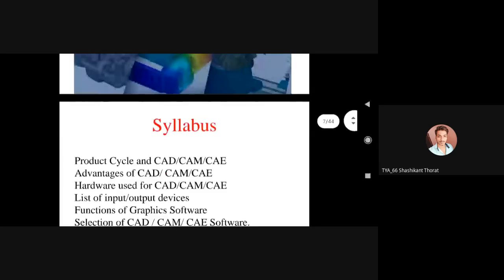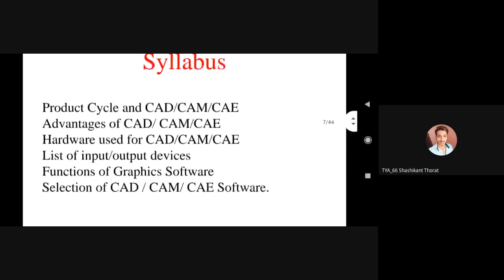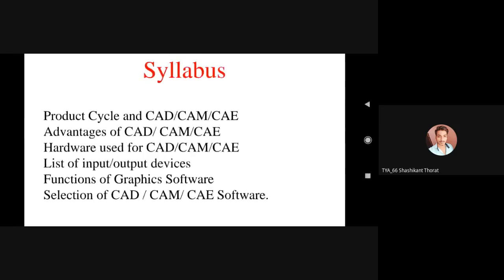Now the syllabus of the first chapter: product cycle. Everything in the universe has a life cycle. प्रत्येकाला लाईफ सायकल आहे. कुठलीही गोष्ट घ्या तुम्ही, बरोबर का? There is no infinite life. Some end or some cycle is there. म्हणजे बघा प्रत्येक जण जन्माला येतो, मरतो, दुसरा जन्माला येतो.